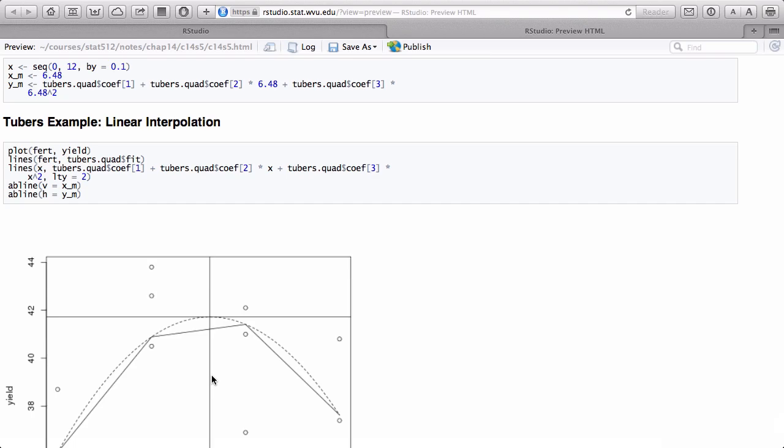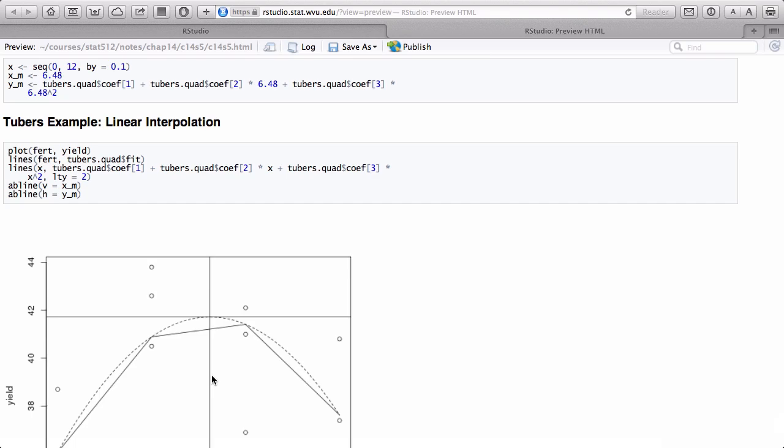Well, I have a model that looks like this. Y is equal to b naught plus b1x plus b2x squared. So what you do is we take the derivative of that model with respect to x and solve for x. And I think it's minus b1 over 2b2 or something like that.